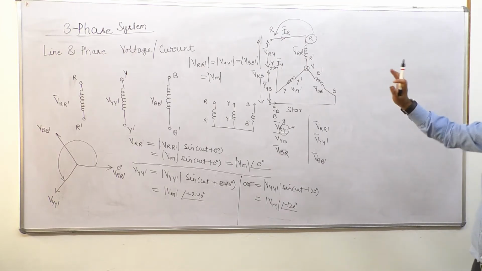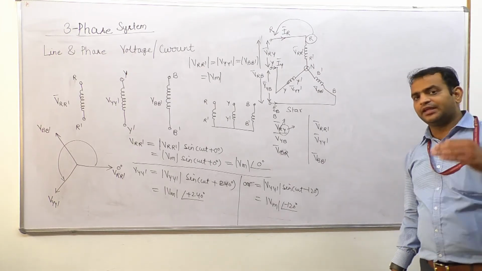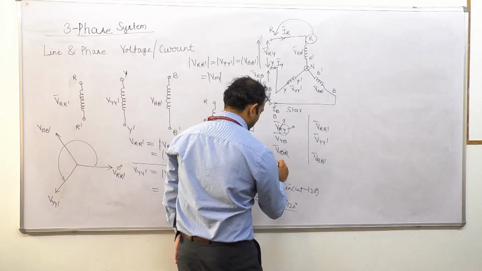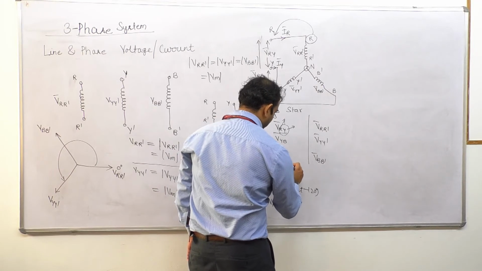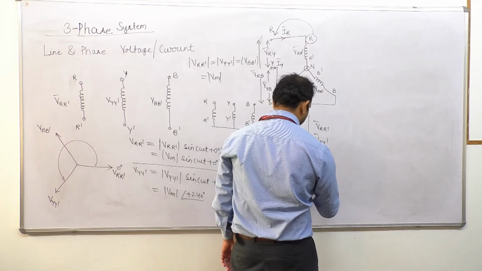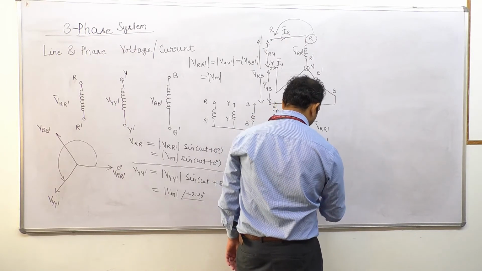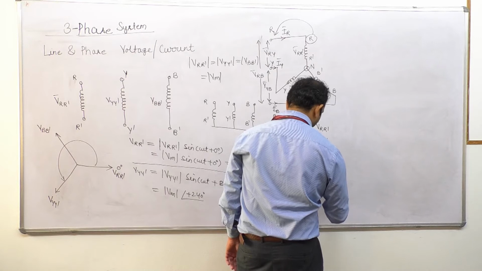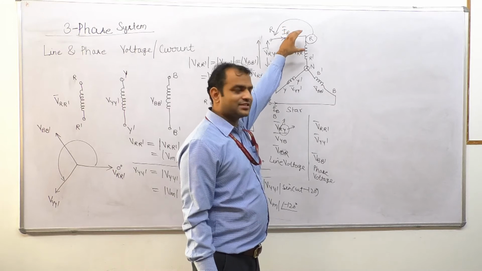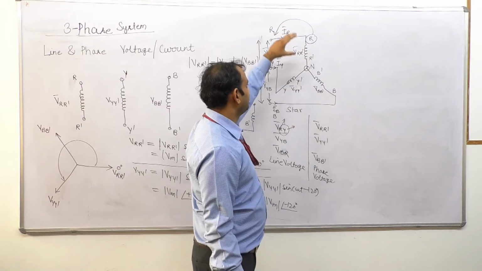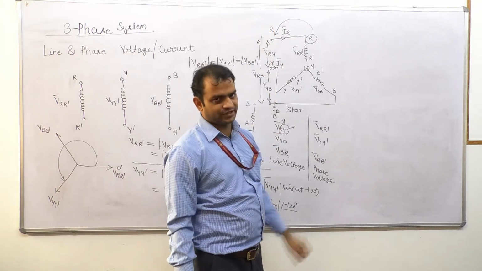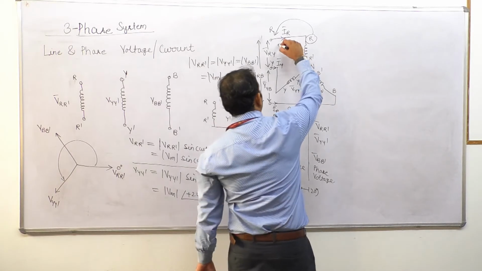in case of star connection, these are the line voltages, and these are the phase voltages. Voltage across a phase is called phase voltage, and when two phases are connected, we can create a line in case of star connection. I explain again.